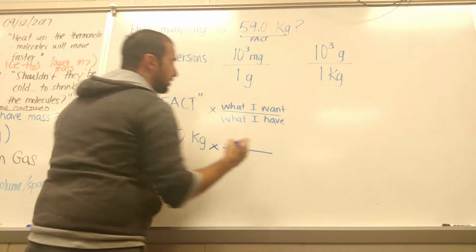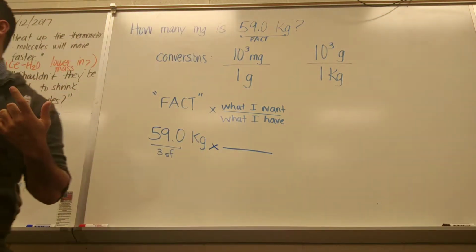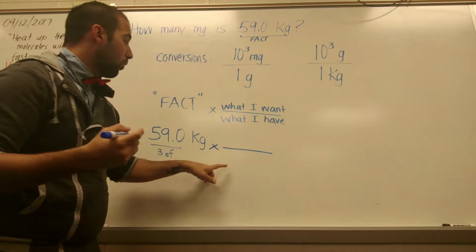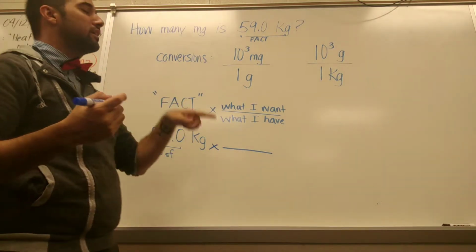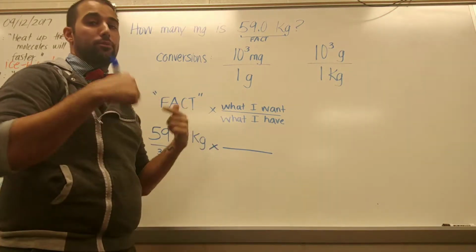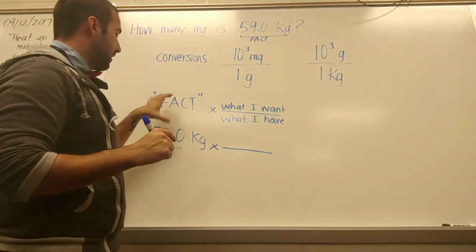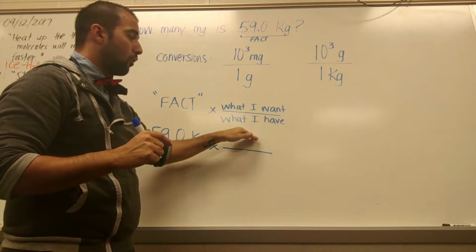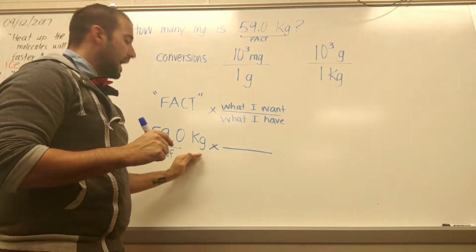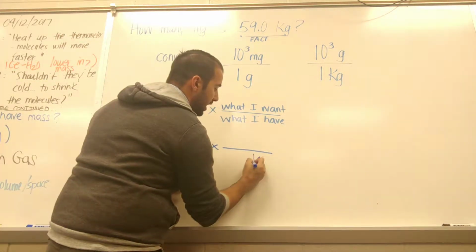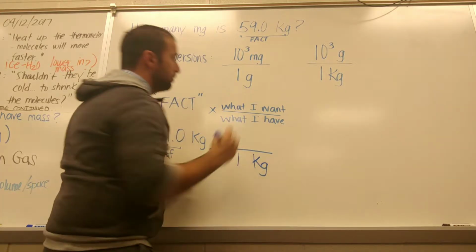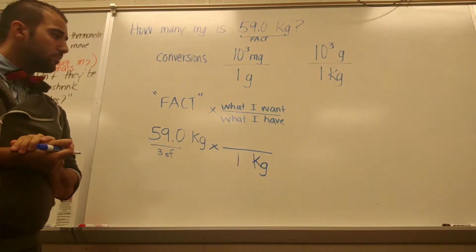Now, I want to begin converting my kilograms to eventually milligrams, but I can't directly go from kilograms to milligrams. I'm going to have to go through something. So remember, my template is my fact times what I want over what I have. Well, I have kilograms, so I'm going to put kilograms in the bottom, 1 kilogram.